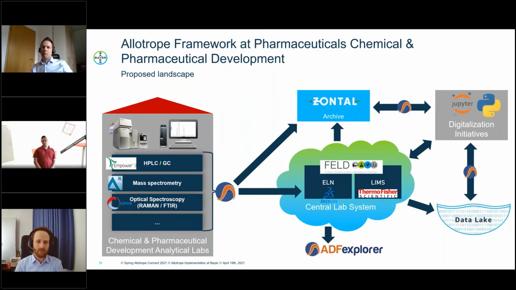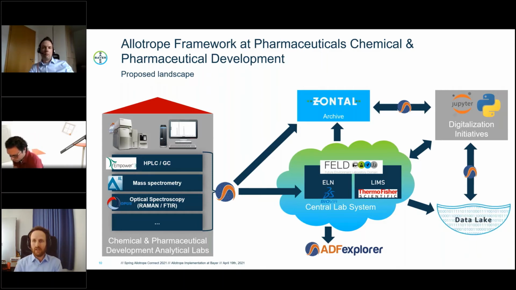And then we accomplished in the past the implementation of a central lab system, which is called FELD, and which consists of an ELN by BioVia and a LIMS system. In the future, we want Allotrope to be the standard data format to get data into that system.